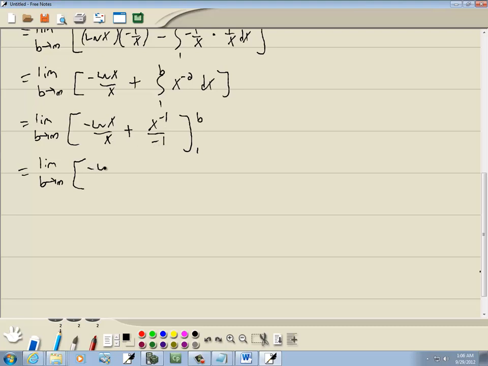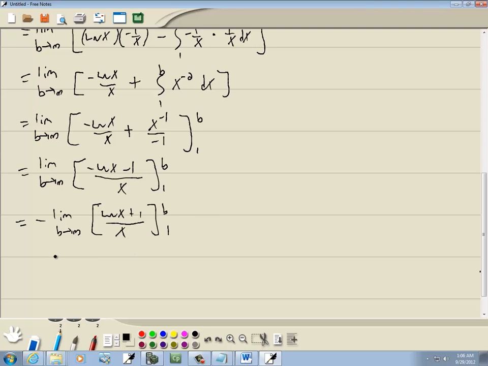So we've got negative natural log of x minus 1 over x, like that. The negative I could put completely out in front. And then this becomes natural log of x plus 1 over x.